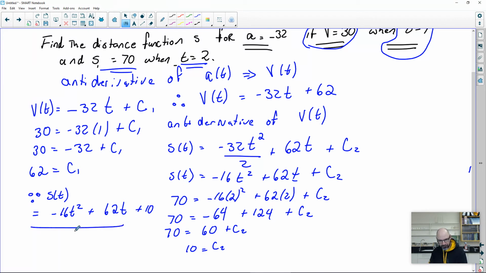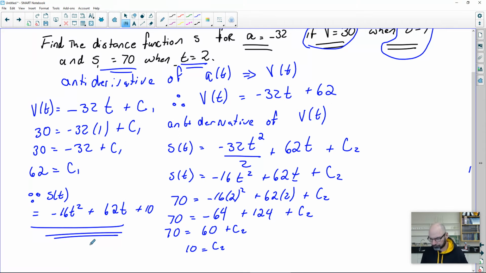And there's our distance equation. And that's how you would do those. So remembering that from acceleration, taking the antiderivative gives you velocity, and taking the antiderivative of velocity gives you distance.